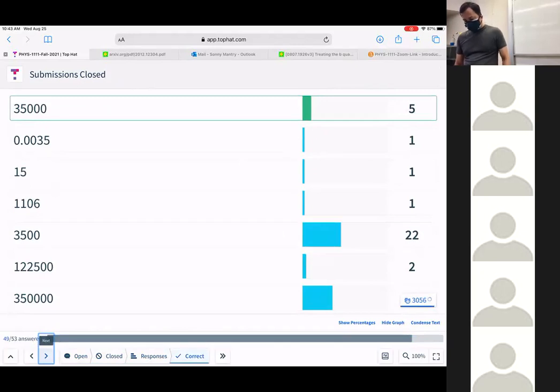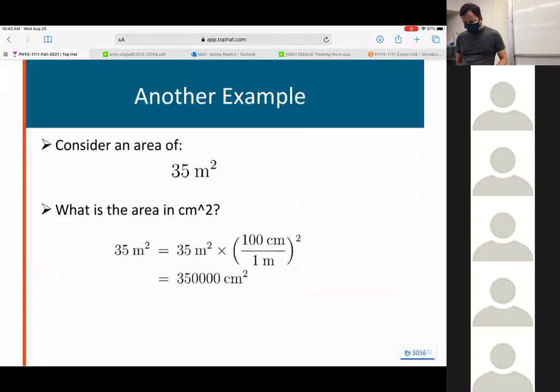It is 35,000. So it was a matter of, wait, is that right? Let's work it out. Oh, I think maybe I marked the answer wrong. Sorry. So here, yeah, so let's work out the correct answer.